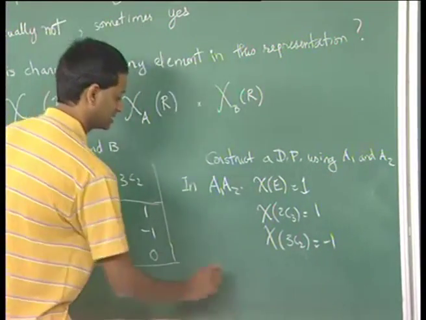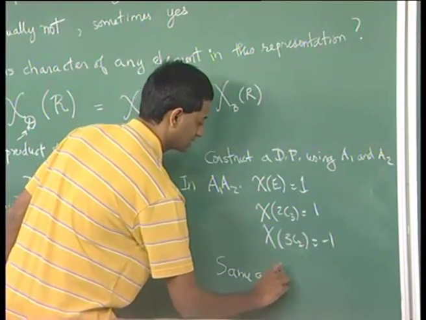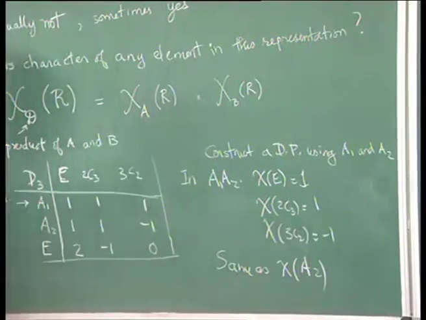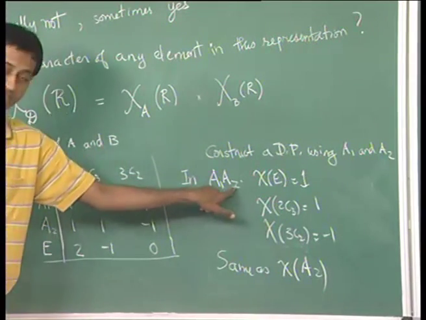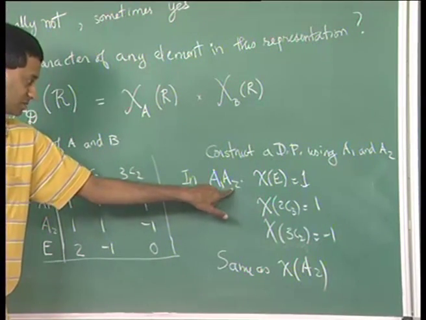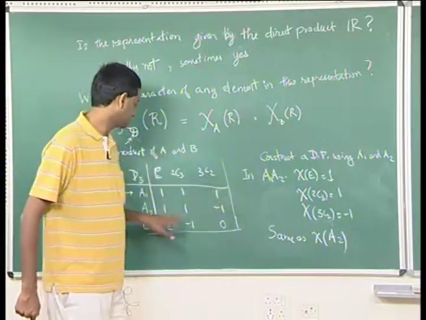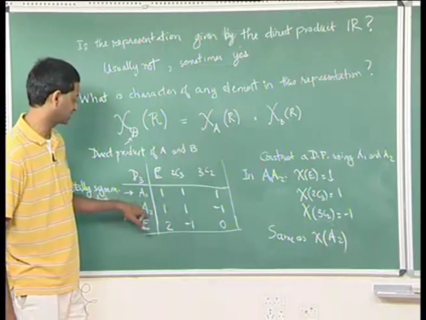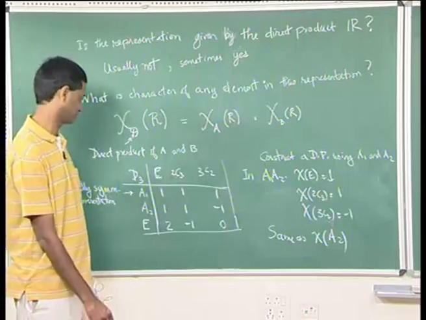So, this is the same as chi in A2. Since this is one dimensional, this is also one dimensional, the direct product will also be one dimensional, and in fact, the direct product is nothing but A2. That is because A1 is a totally symmetric representation.